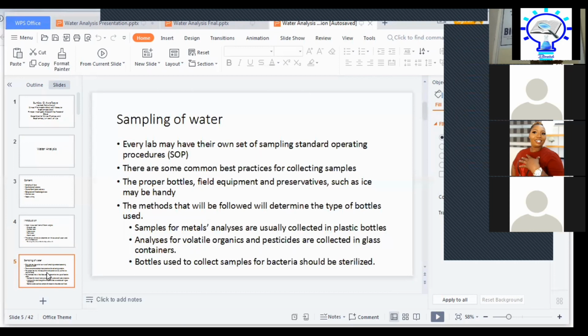Okay, the first thing I'll do is to establish my standard operating procedure. And every analytical company has their own standard operating procedure. Once somebody invites us to analyze water for them, this is what we ask for.